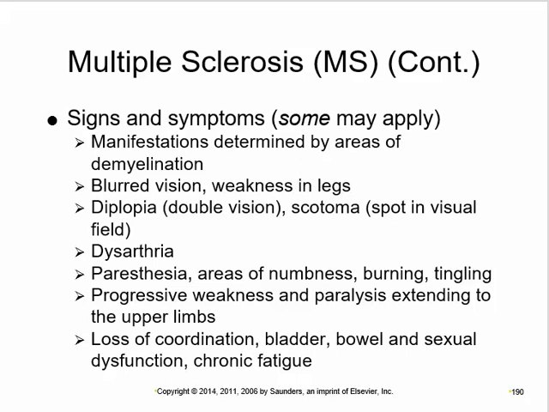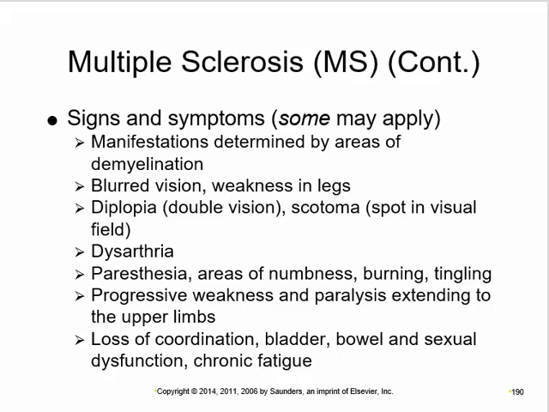So if you are moving your eyes laterally to the right, the right abducens nerve is demyelinated, and the left oculomotor nerve that's moving it medially is not.